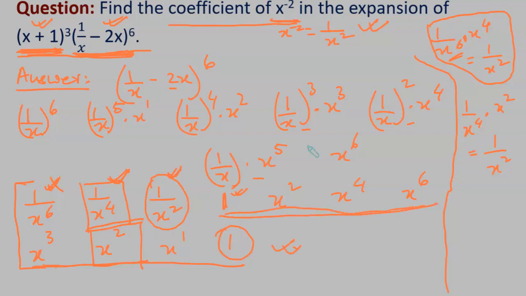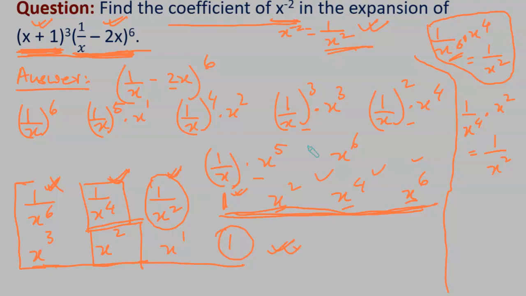So we can safely exclude these. We do not have to check the multiplication of these terms with the second binomial, or rather the first binomial expansion. Okay, because these are the powers in the numerator. These are the factors of x which will be in the numerator. But we have to have 1 over x to the power of 2.